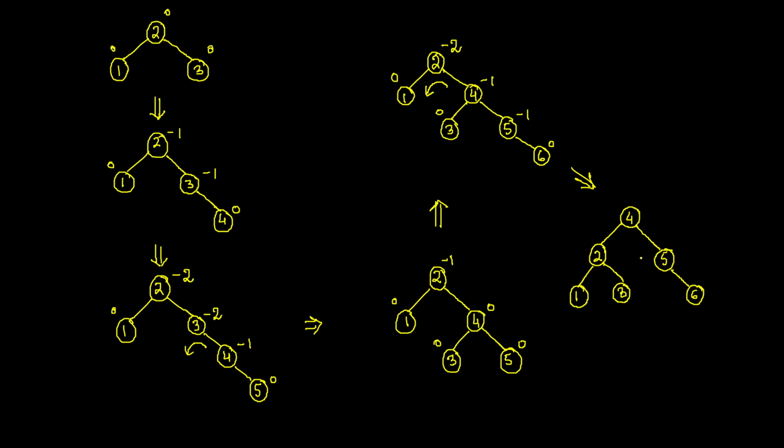Because why I'm saying property of BST, because ultimately we can say that an AVL tree is a balanced binary search tree, right? So now if you calculate the balance factor of all the nodes, it is 0, this is 0, these are leaf nodes, this is -1, this is 0, and this is 1 - 2, and this is 1 - 2, that means 0.